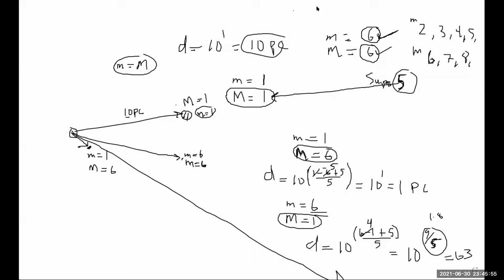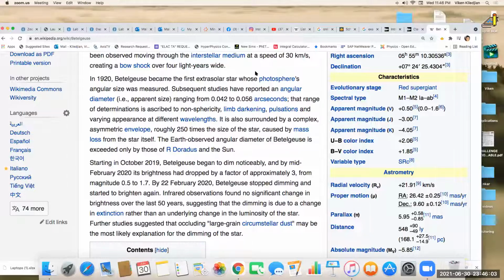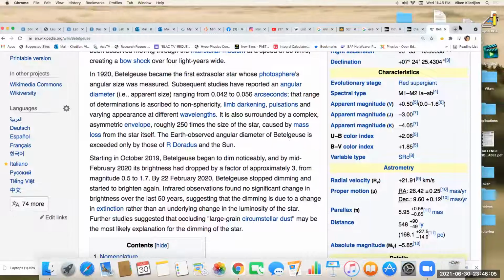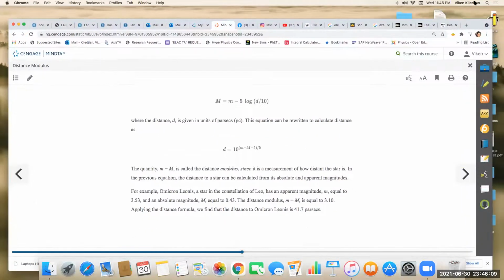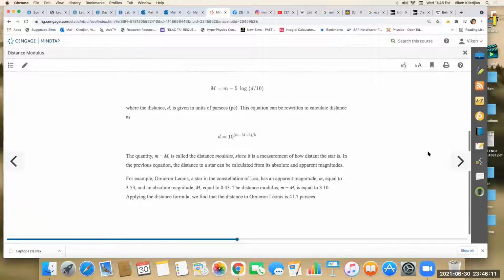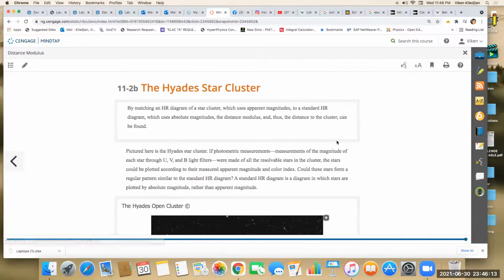Let's stop sharing. Okay, so now let's go back to this. Now we know the meaning of that equation, the Hyades cluster. I think this is where we were at.